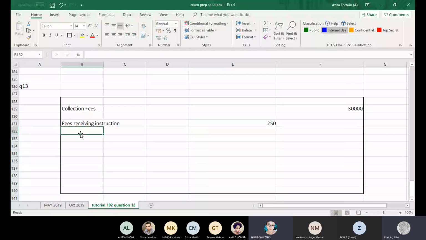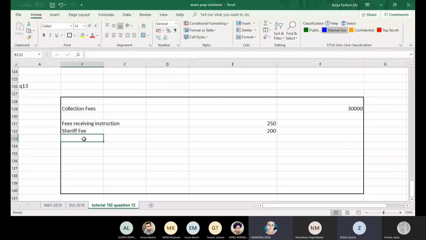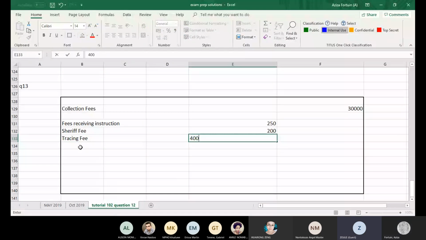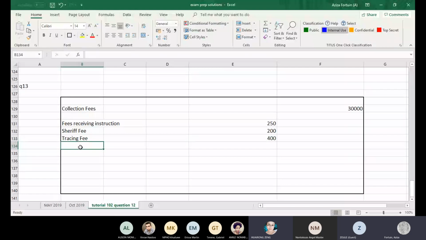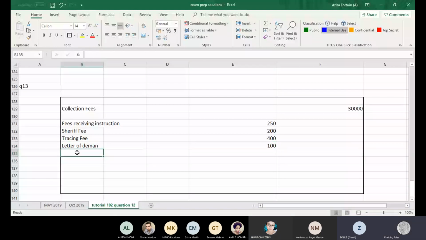Share fee, 200. Tracing fee, 400. Letters of demand, 100. Collection fee, 2,500.